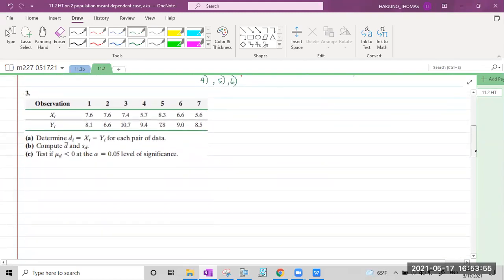Start from number 3. Now we have observations from seven subjects.